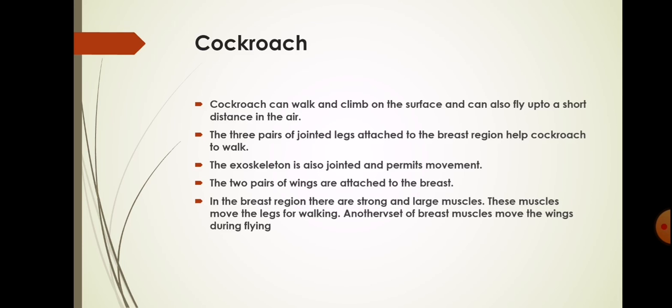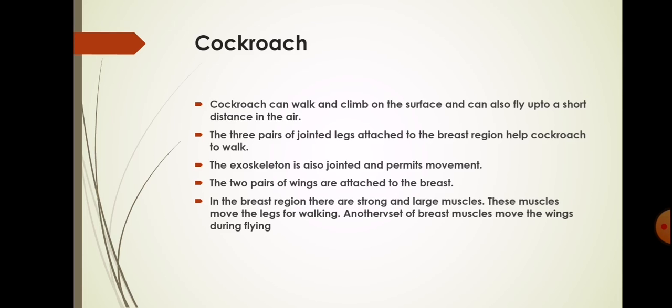These muscles allow the movement of the legs for walking and the wings for flying. This means the breast part of the cockroach has strong and large muscles which help the cockroach to fly or to walk.